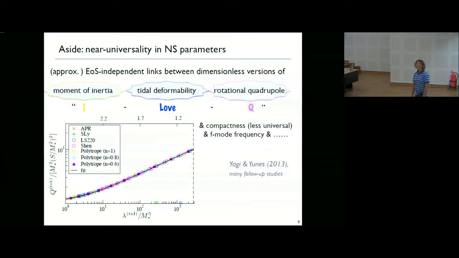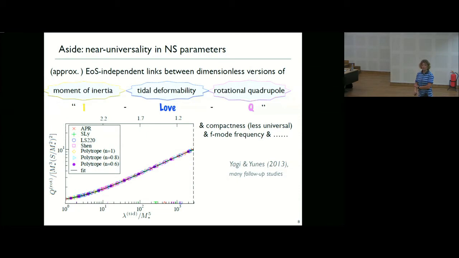And what that means is simply if you take dimensionless versions of all these quantities and you plot them against each other. So here they plotted the rotational quadrupole normalized to make it dimensionless versus the tidal deformability also normalized to make it dimensionless. They find for any equation of state that they considered, all of the results lie on the same curve approximately, to in fact a very good accuracy.